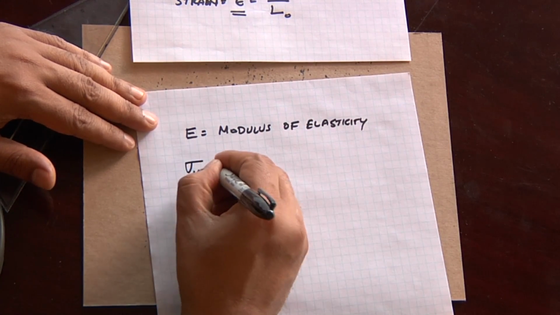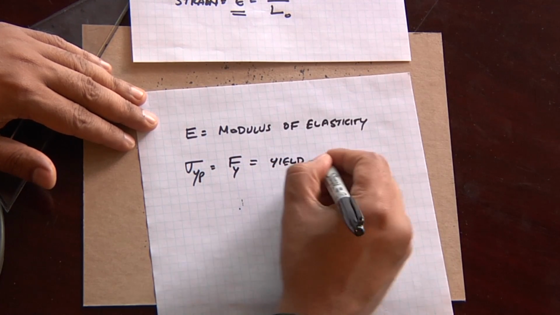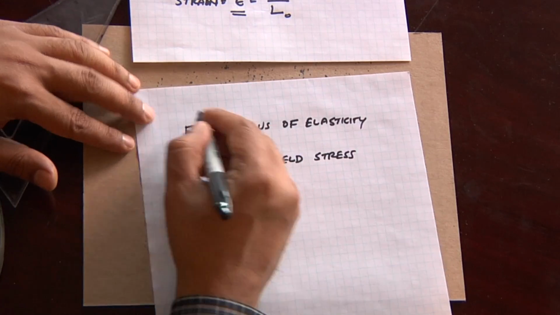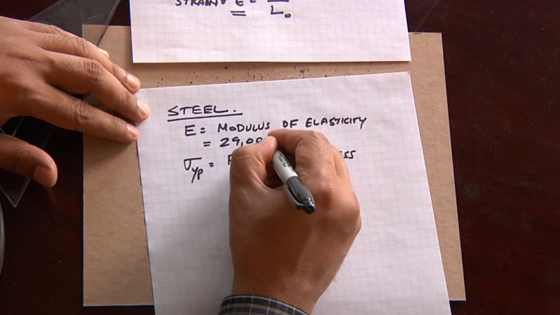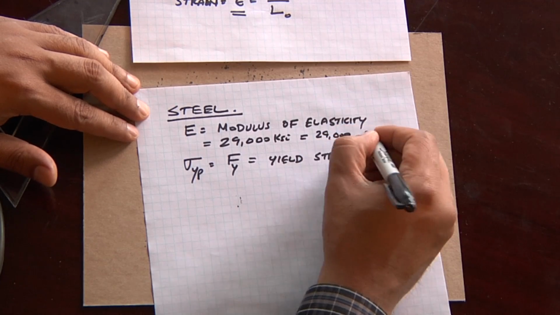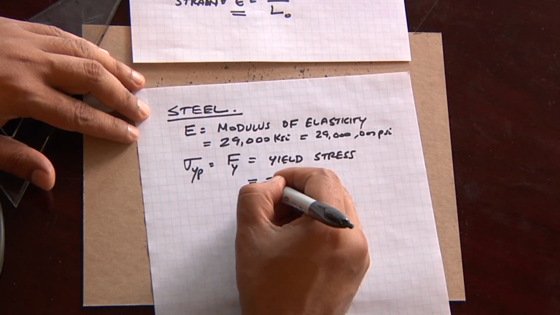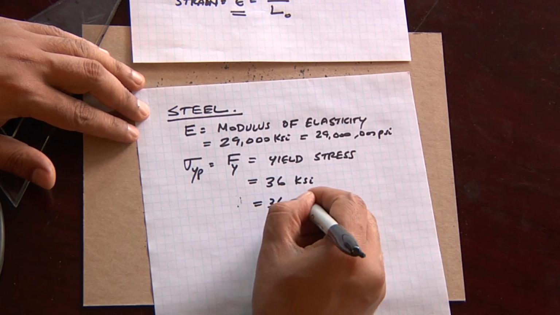Sigma yield point, normally referred to as F sub y, is the yield stress. For steel, remember we're only talking about steel now, E is normally 29,000 KSI, or 29 million PSI. The yield stress is normally 36 KSI, or 36,000 PSI.